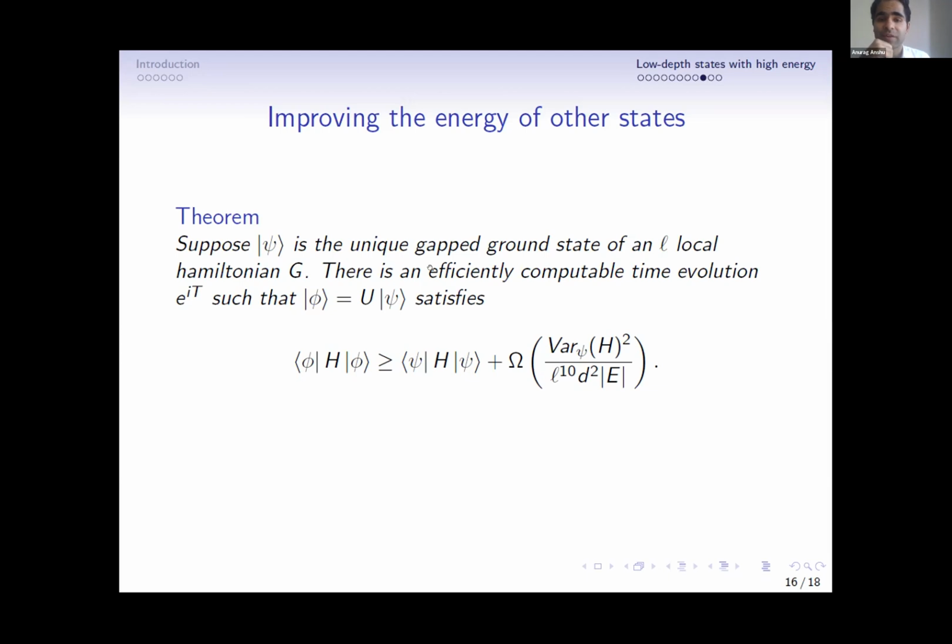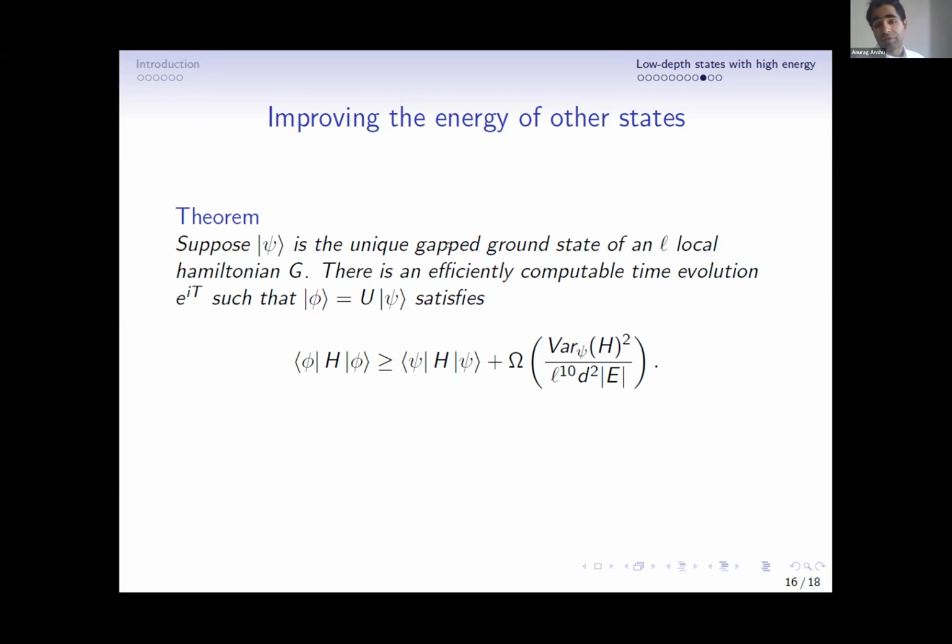So in fact, it turns out that low depth states are themselves the unique ground states of a constant local Hamiltonian. So we can in fact improve the low depth states as well. So what you can show through this is that you can actually improve the energy from a product state, and then you can keep improving it to some extent. It doesn't go that far because the improvement decreases over time, but we expect that something better can be shown compared to what's shown over here.